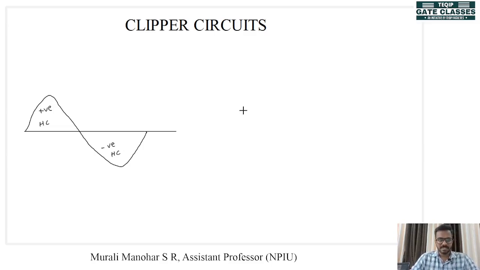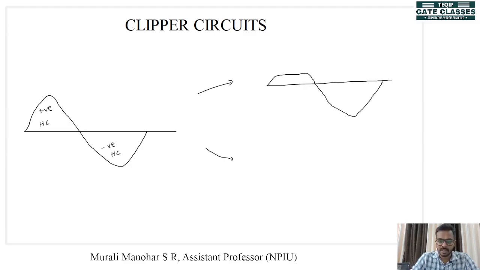Now, when we say clipping or cutting an existing waveform, what we mean is we can either cut the positive half cycle of the sine wave, and we will get the entire negative half cycle, but the positive half cycle will be cut, or we will get our entire positive half cycle, but the negative half cycle will be cut.